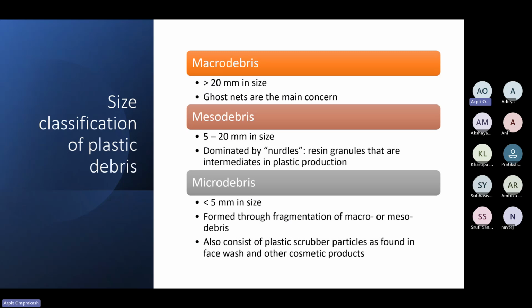Meso debris is debris that is from 5 to 20 millimeters in size. They are dominated by nodules. Nodules are basically resin granules that are intermediate in plastic production. Plastics are basically polymers of organic compounds.